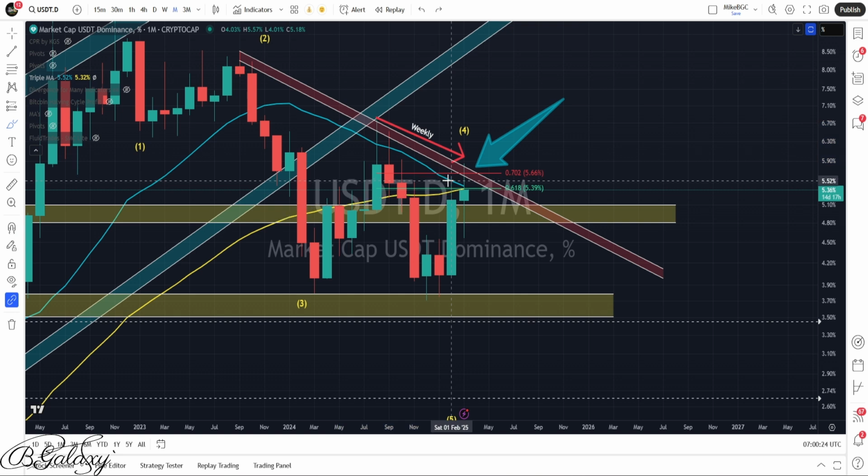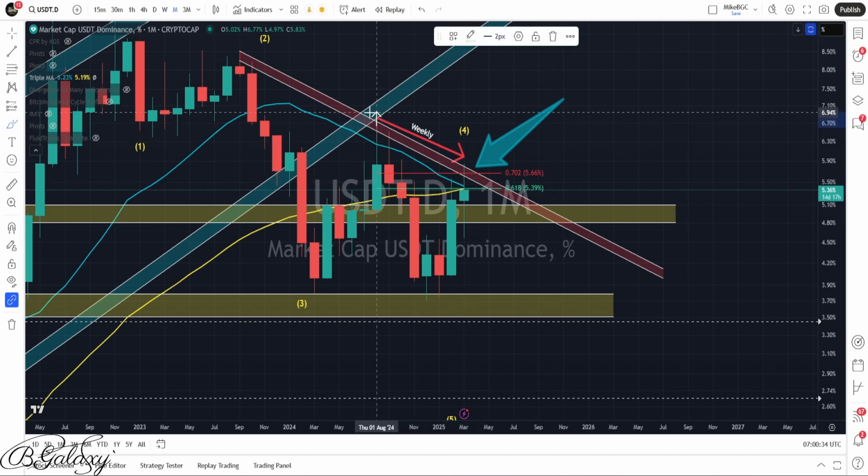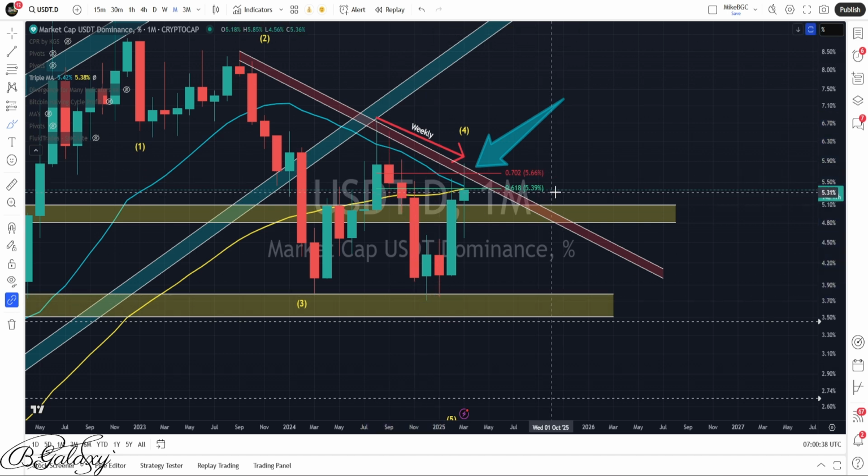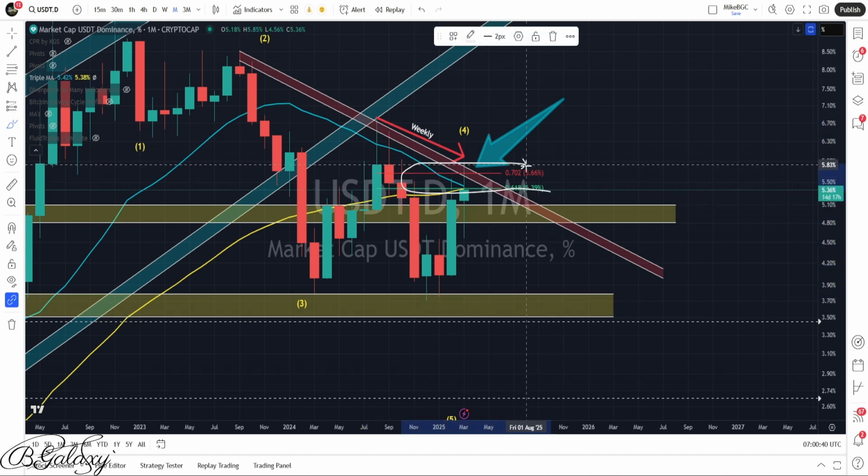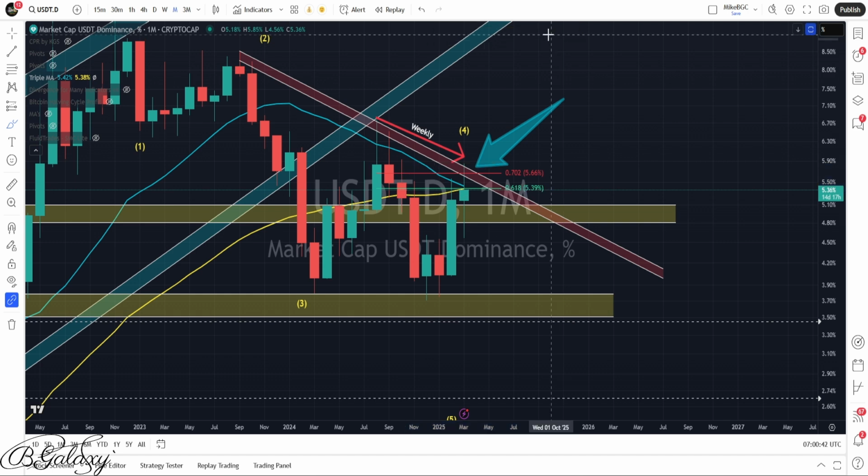Both of them are working as really strong resistance at the moment, and the USD dominance is at the moment below these two. If we use the Fibonacci retracement from this top to the bottom, the 61.8% and 70.2% levels are about this area. They are working as resistance for USD dominance as well.